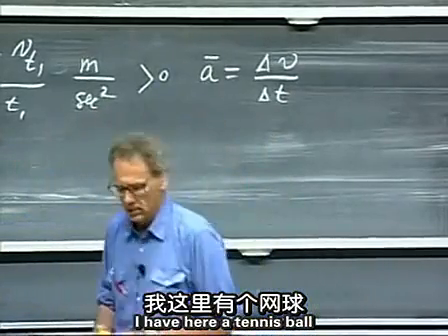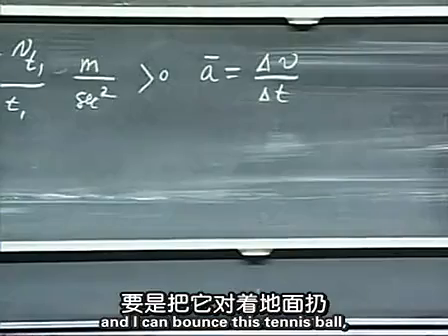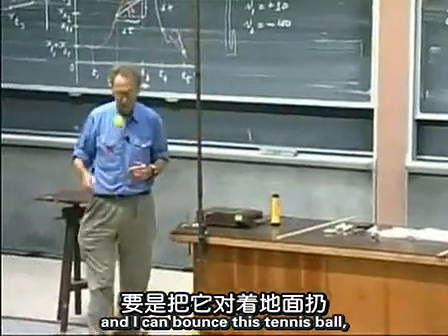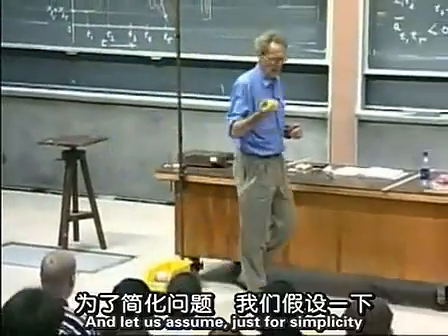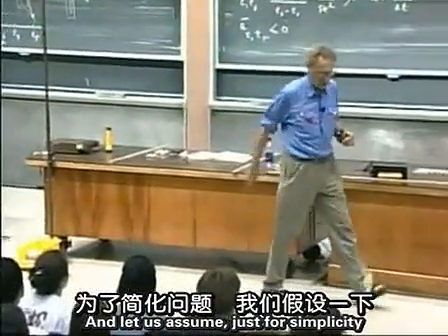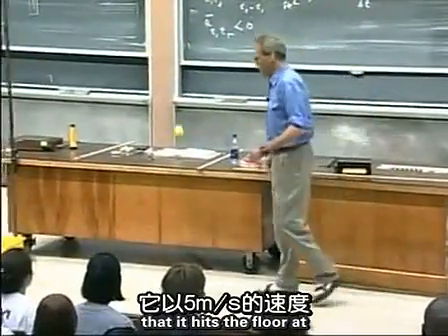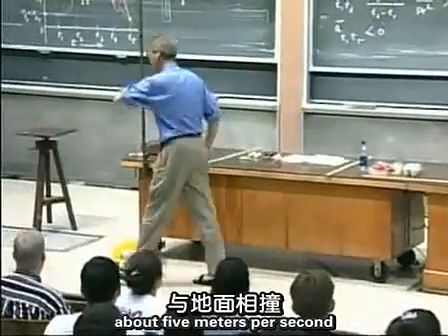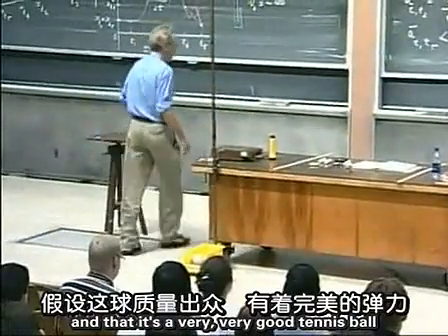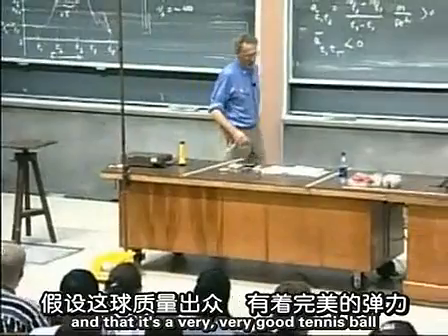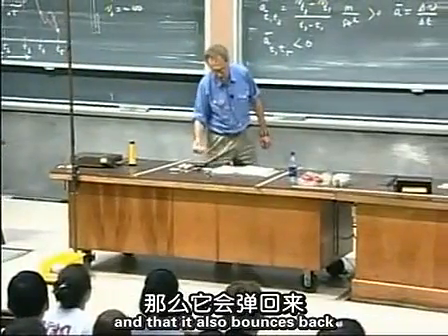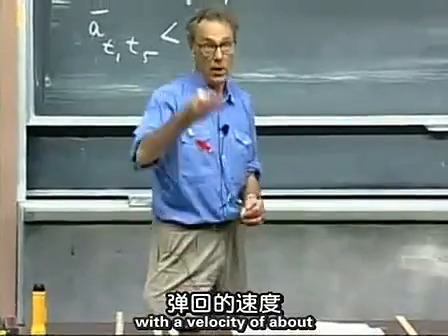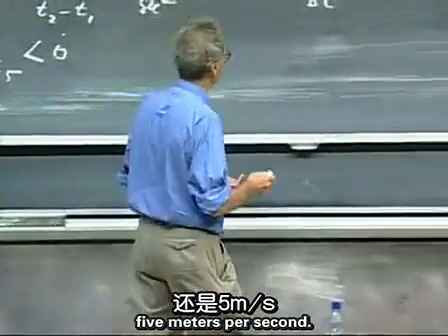I have here a tennis ball. I can bounce this tennis ball, I can throw it down, and let us assume, just for simplicity, that it hits the floor at about 5 meters per second, and that it's a very, very good tennis ball, and that it also bounces back with a velocity of about 5 meters per second.